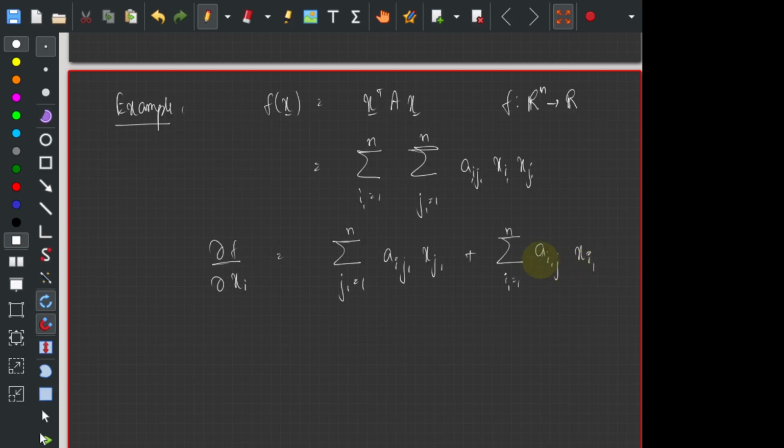Is this a linear function of xi? You keep all the other xj's constant. You fix all the other xj's, then do a square. There should be one square term. So where did the square term go here?